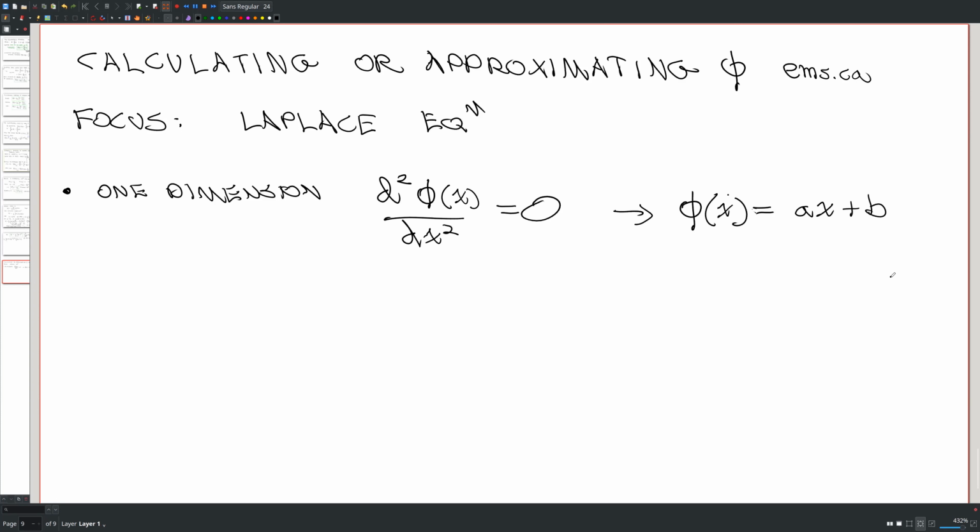Okay, so some fun, useful facts. The solution to the Laplace equation, at least in 1D, has a property that we can call balance.